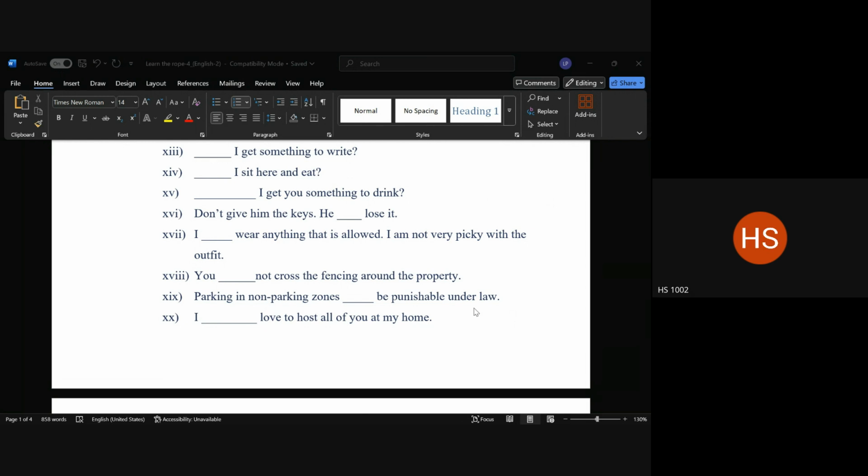Okay, must is something that can be indicative of necessity. Then what are the other answers you told me? Will be punishable under law. Okay. You can say will be punishable to indicate a threat or warning. Will is okay. How about other options? May, might. Can we use them?